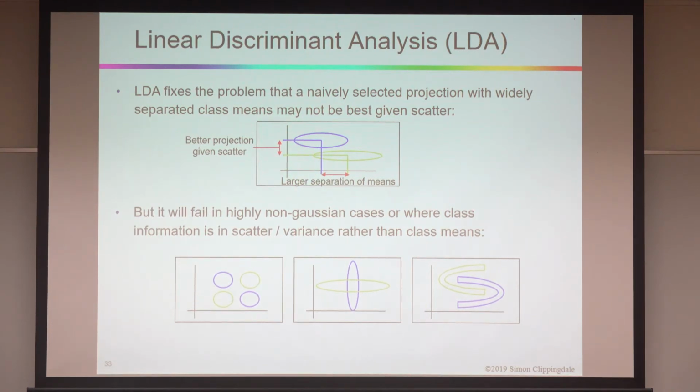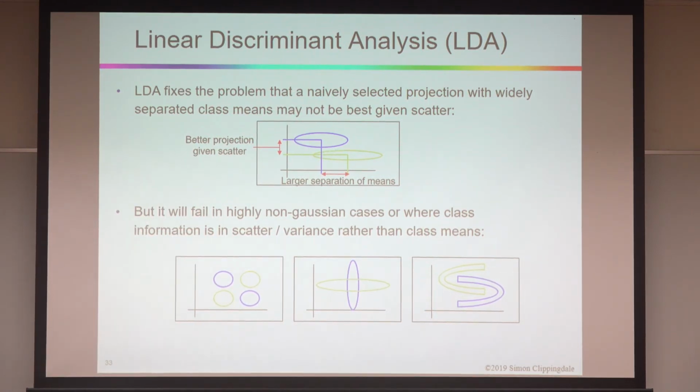It fails in cases where the data isn't very Gaussian, or where all the information determining the class differences is actually in the scatter and not in the means, like this, where both classes have a mean right in the middle. Same with this, and same with this, but this is not means right in the middle, but the classes are overlapping. Okay.